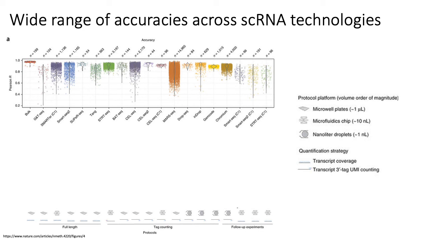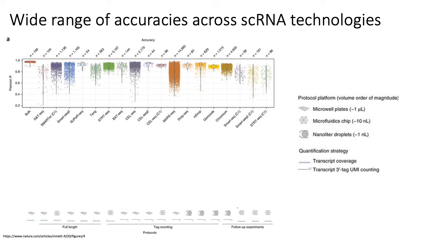High accuracy means that they captured the relative abundance correctly, and therefore suggests that the variation in expression that you measure with that technology closely corresponds to the actual variation that occurs within the cells of the sample that you sequence.